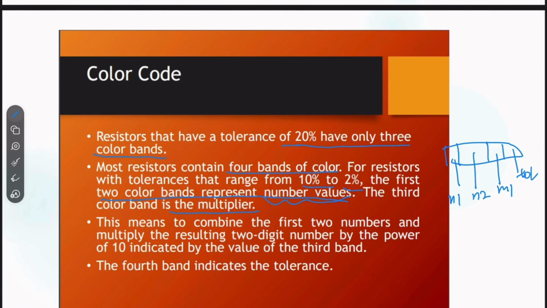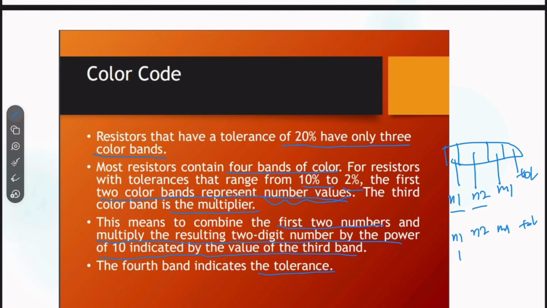This means to combine the first two numbers and multiply the resulting two-digit number by the power of 10 indicated by the value of the third band. The fourth band indicates the tolerance. So we have two numbers, n1 and n2, and we have the multiplier. Then after that we have the tolerance.